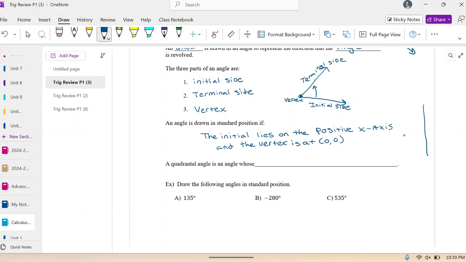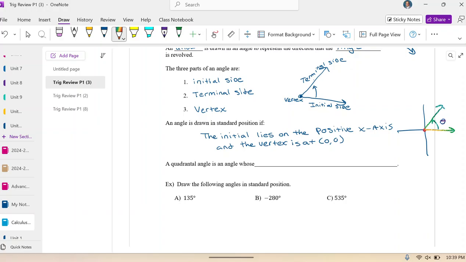So basically, if you have a coordinate plane, and the initial side is here, the vertex is at 0, 0, that angle is in standard position.